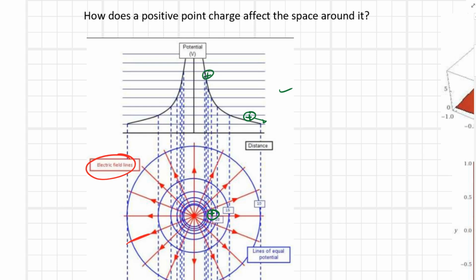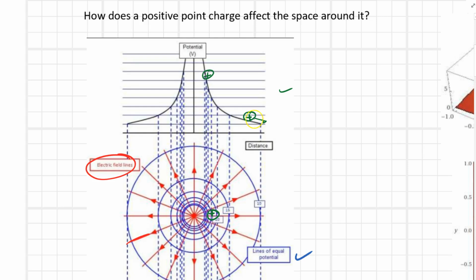The other way of looking at it is in terms of the equal potential. Those lines here are the concentric circles. In this case, they are the blue, purplish equal potential lines, and here they're circles, and over here they are done by the height. This height would be the outer circle, this height would be the next circle, and so on.